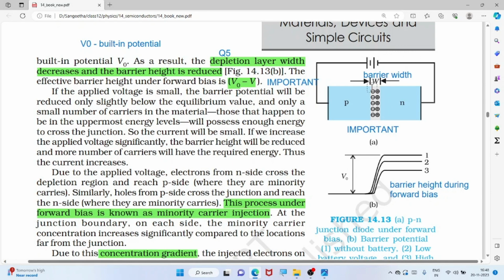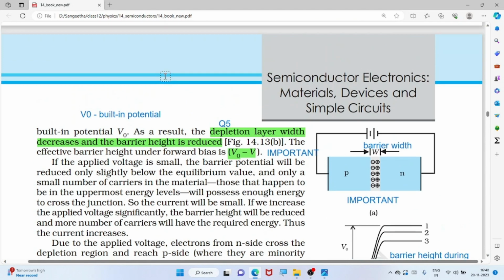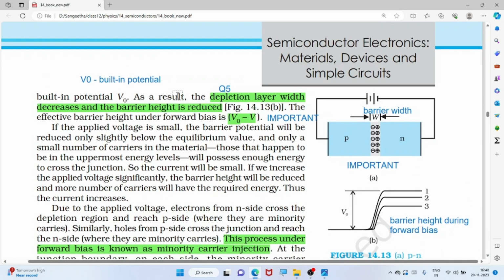This is the barrier width, and the effective barrier height in forward bias is V0 minus V.